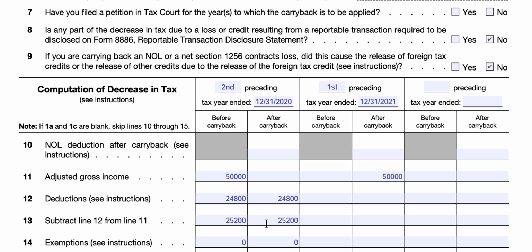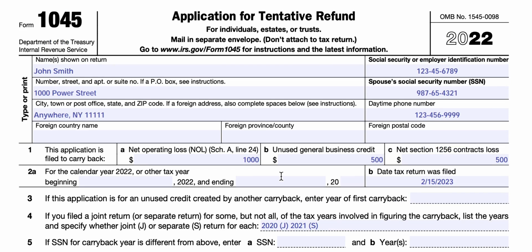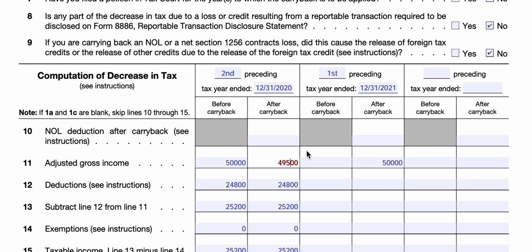Now, under line 12, you do need to be cognizant of the impact that any carrybacks might have on itemized deductions. So if you have itemized deductions that end up being impacted by your carryback, for example, after the carryback, we carried a $500 loss. Oh, yeah, sorry, we'll make that a $1,000 loss. That is now a $1,000 loss to your AGI.